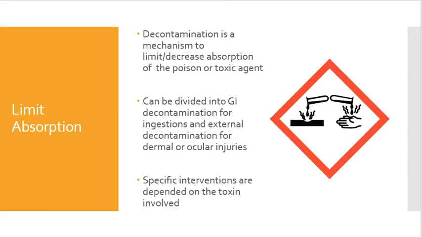Limiting absorption. Decontamination is a mechanism to limit or decrease absorption of the poison or toxic agent. Decontamination can be divided into GI decontamination for ingestions and external decontamination for dermal or ocular injuries from a toxic agent. Specific interventions are really determined by the patient's condition and precisely the toxin that was involved.